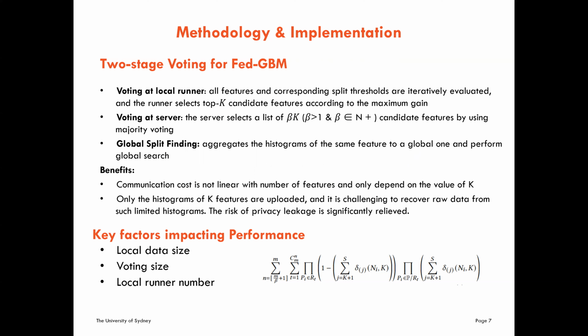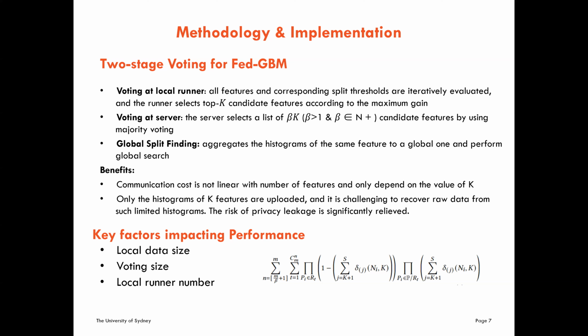In this step, all the features and corresponding split thresholds are iteratively evaluated, and the runners select the top K candidate features according to the maximum gain. Second, voting at the server. In this step, the server selects the list of 2K candidate features by using majority voting.